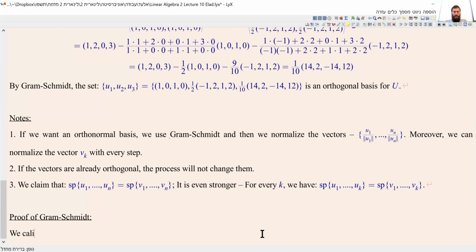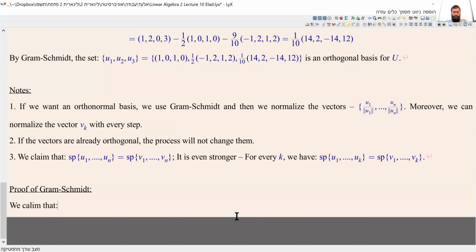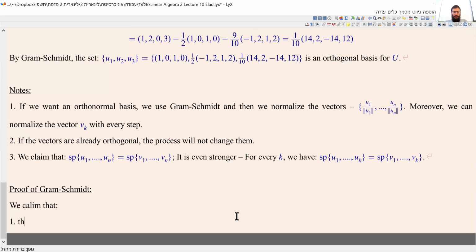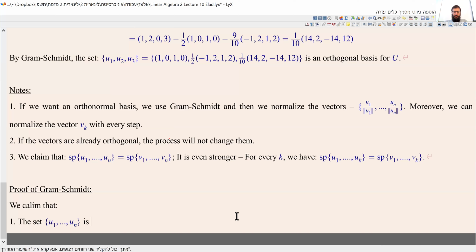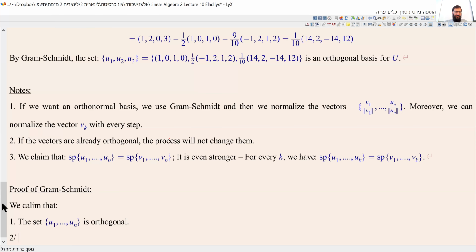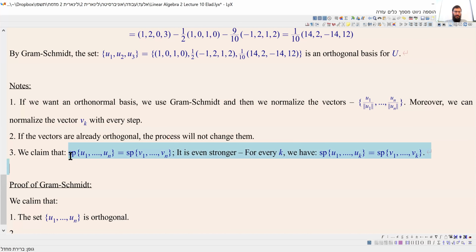We claim that, first of all, the set of the new vectors is orthogonal. And secondly, it has the same span as the old set.